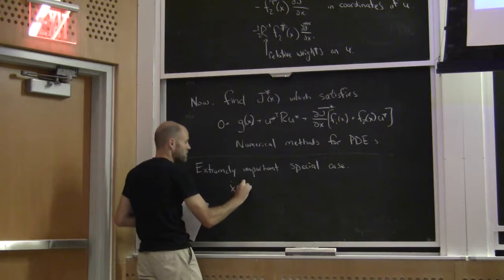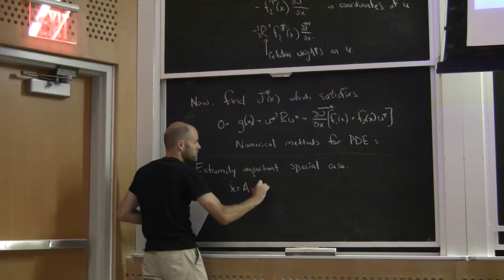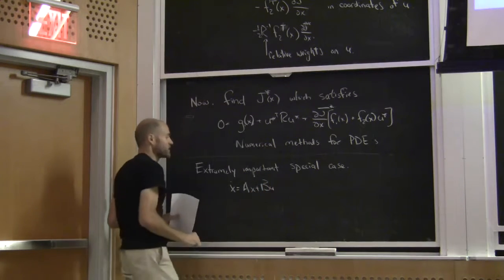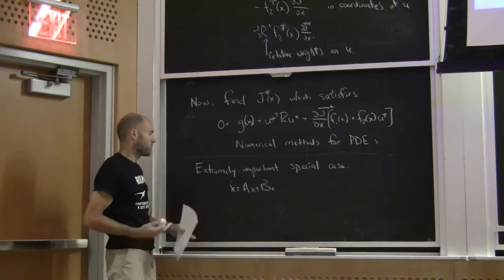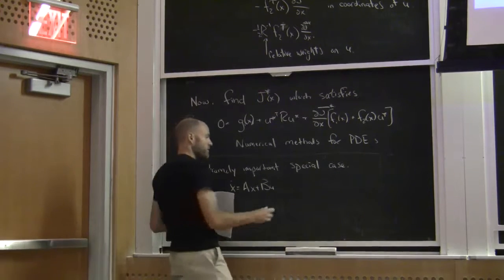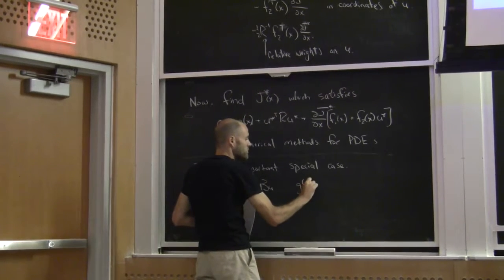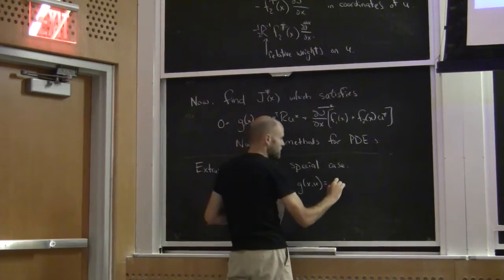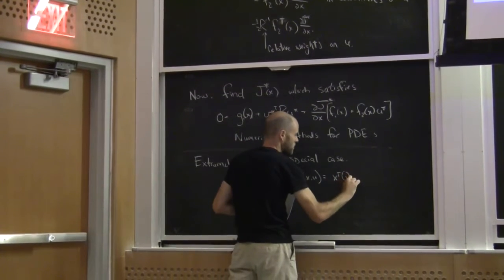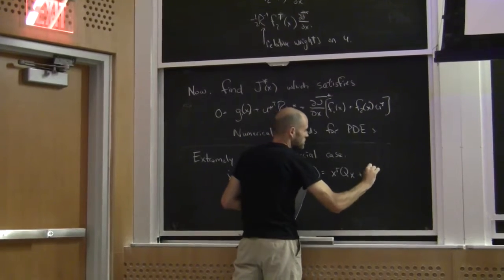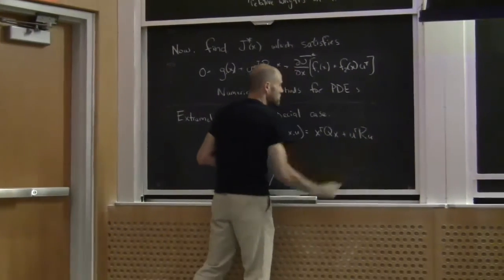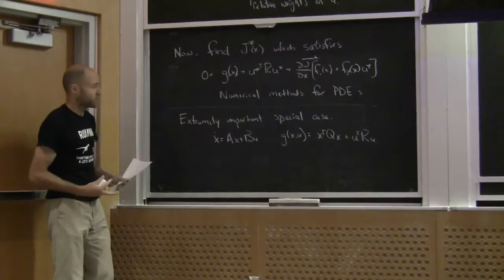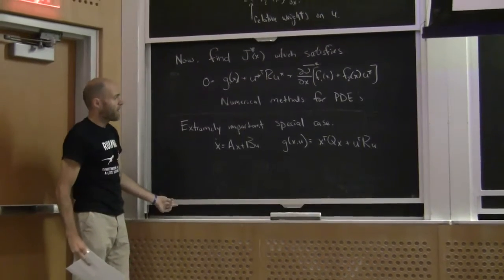If I have not only control affine, but actually linear dynamics, and my cost function is quadratic in both X and U, I could even have some cross terms in there, that's no problem.